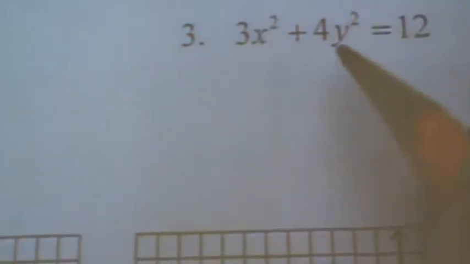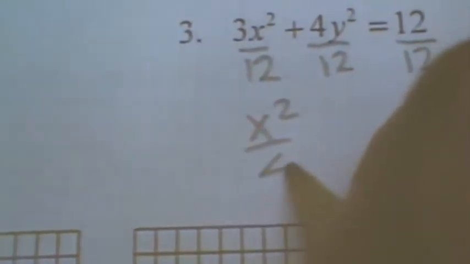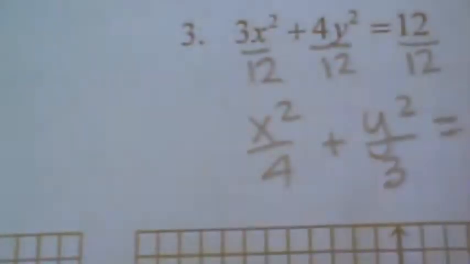And the last one, how would you solve this one when both the coefficients in front of x and y are different? Are you going to divide everything by 3 like you did with the circle? No. You're going to divide by 12. So you get x squared over 4 plus y squared over 3 equals 1.